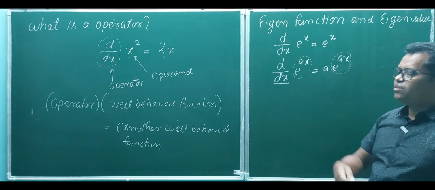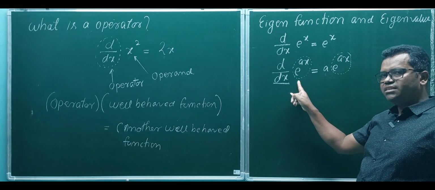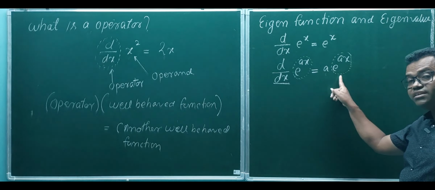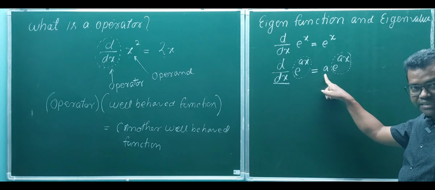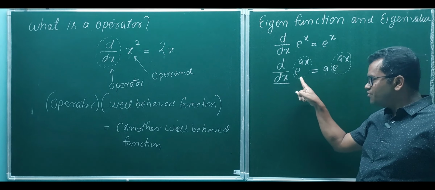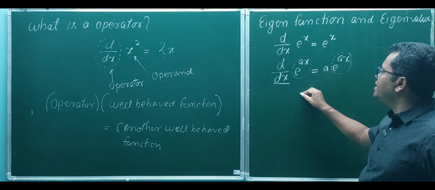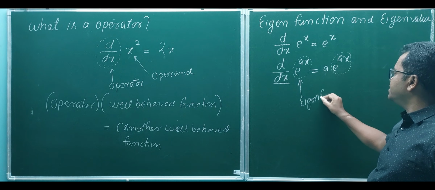I repeat, when an operator operates on a function and produces the same function multiplied by a constant quantity a, then this function is called an eigenfunction.